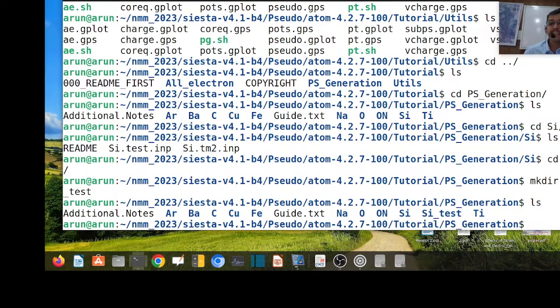Say this is the test directory which I have created. And another thing, when you create some file or directory, never give a space. In place of space, if you write an underscore, that will be better. Otherwise, if you write silicon, a space, and then test, sometimes on the command line it will read two files.